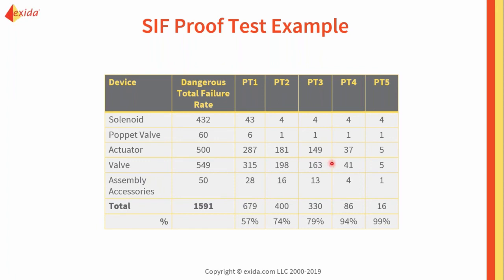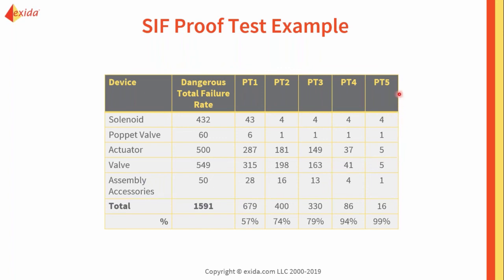But as you can see, between proof test 3 and proof test 4, there was a major jump, especially in the valve actuator failure rates. That is when we added that leak test involved. So all of those failures due to leaking were then, instead of being undiscovered, they are now discovered.